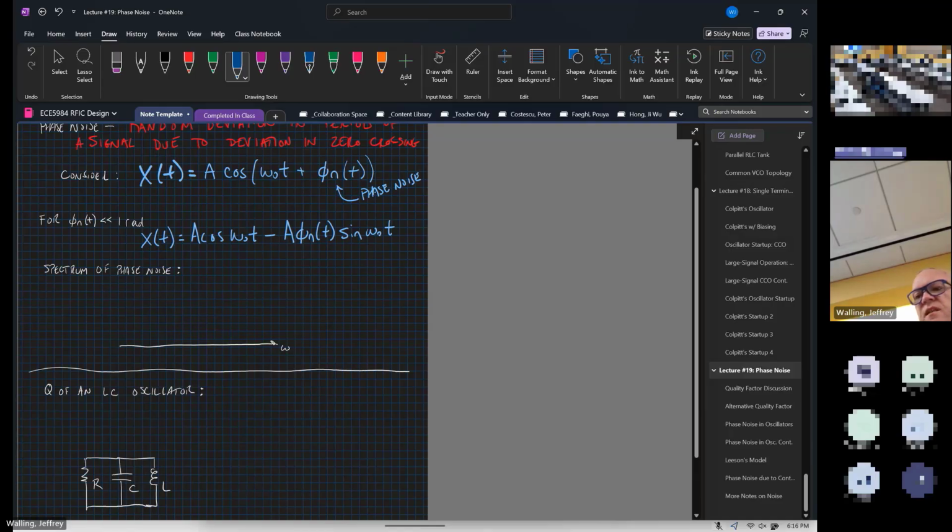Now, what this ends up looking like is we have this portion that is equal to A times cosine of omega naught t. So we have some center frequency that's centered on omega naught. And then we have a portion that is going to look like the phase noise skirts that I talked about the other day.